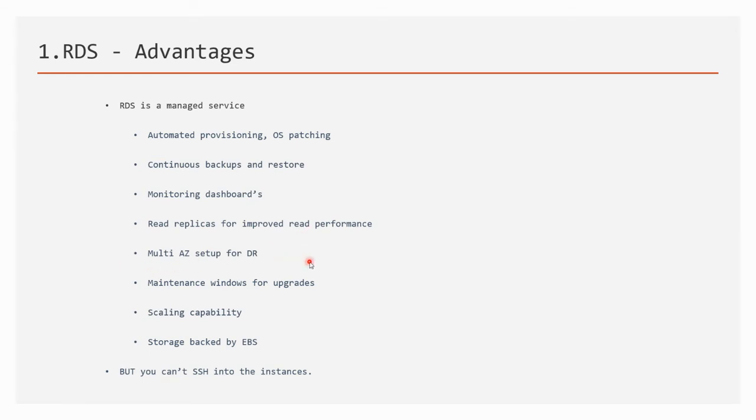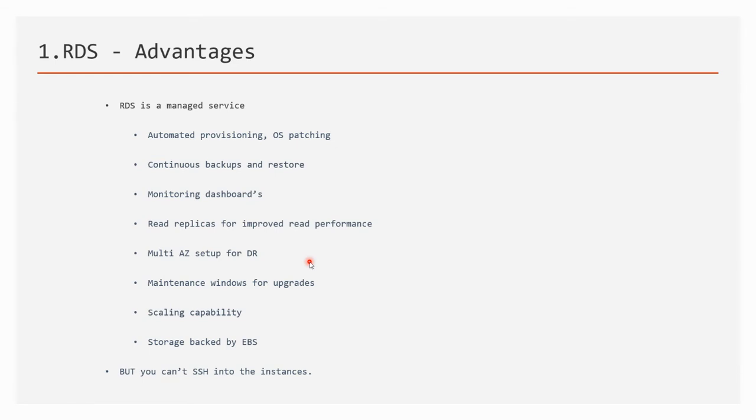That means instead of putting our database into a single AZ, we can replicate the database into multiple AZs for disaster recovery. And there is a maintenance window for upgrades. For example, the MySQL vendor is giving a new upgrade to their version, and we want to upgrade to the latest version.